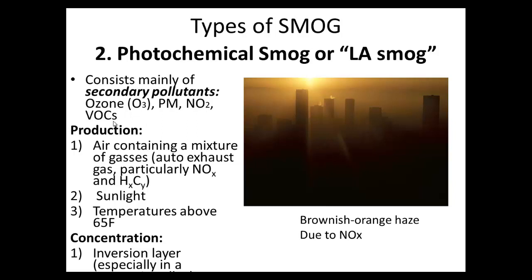Photochemical smog works when you have air containing a mixture of gases, for example auto exhaust, sunlight, and temperatures above 65. Sounds like California: lots of cars, sunny, and hot. Perfect for making photochemical smog. It helps if you have an inversion layer, or if you live in a valley so you can concentrate it, like LA.